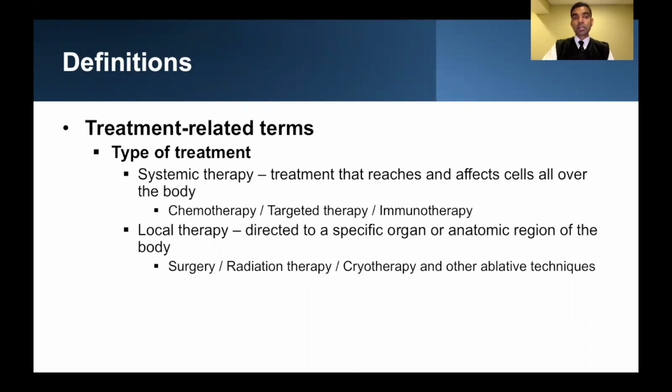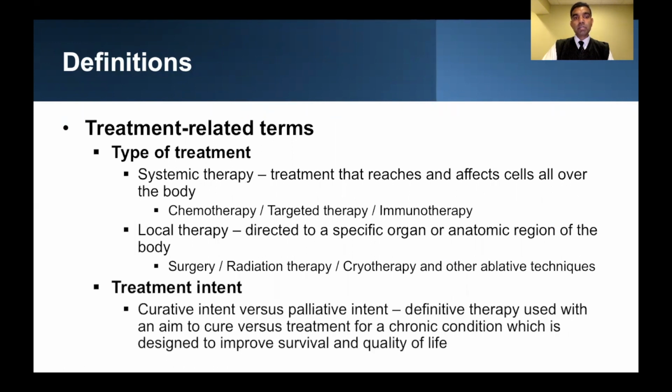In terms of local therapies, in contrast, these are directed at a specific organ or anatomical region of the body. So treatments such as surgery, radiation therapy, or ablative techniques such as cryotherapy and thermal ablation come under this category. You can also define treatment in terms of intent, curative intent versus palliative intent.